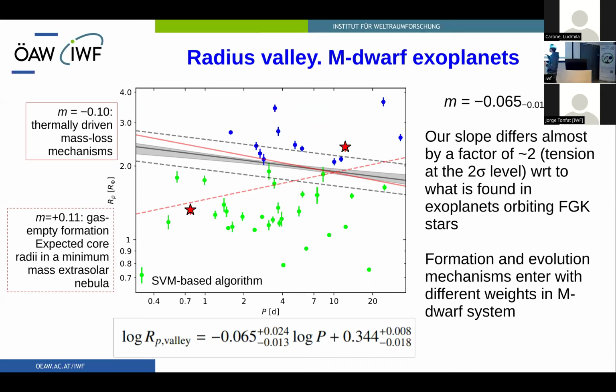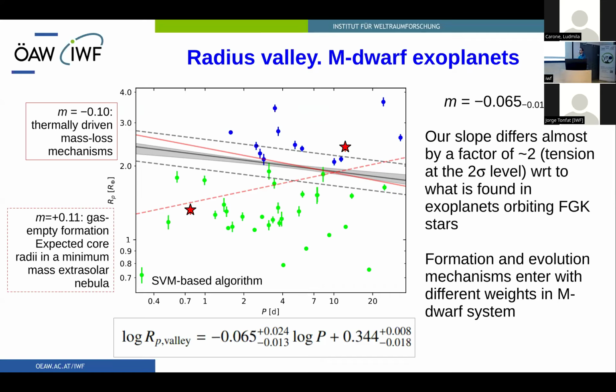Then, following Ho and Van Eylen, I applied a mixture of Gaussians algorithm to cluster the data points into two subgroups. The result is given by the two different colors, where the blue ones are the sub-Neptunes and the green ones are the super-Earths.